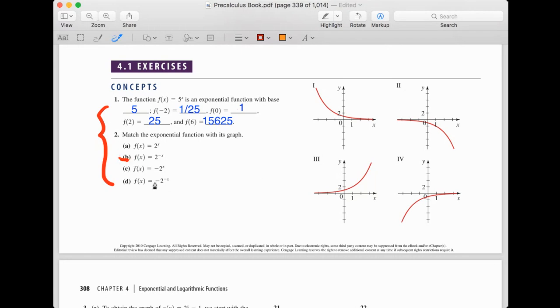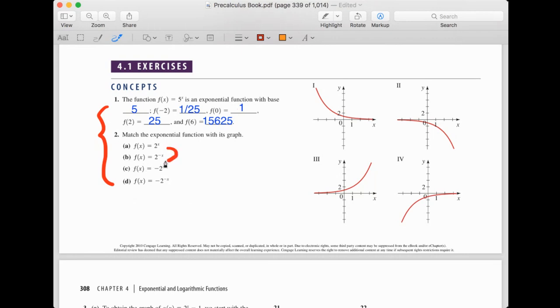Because E is negating B. E is a reflection of B. If you can recognize B, maybe you can see something about D. Wouldn't it be the fourth one?